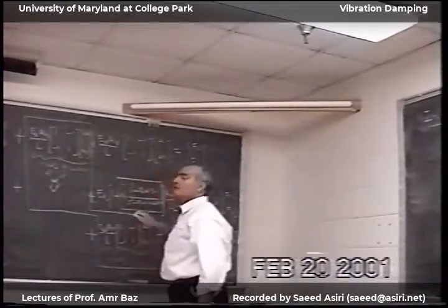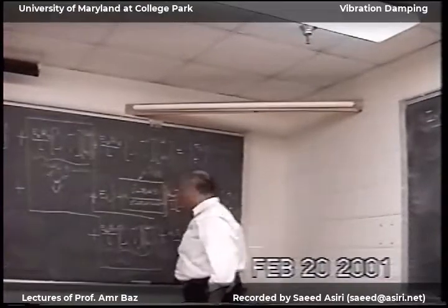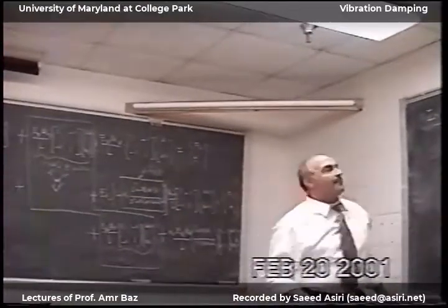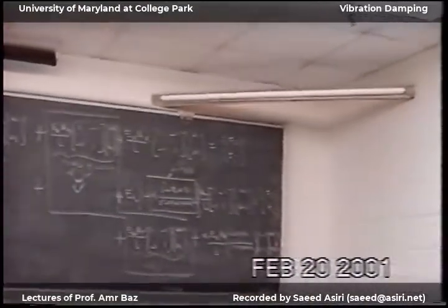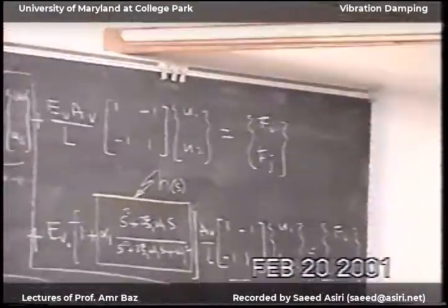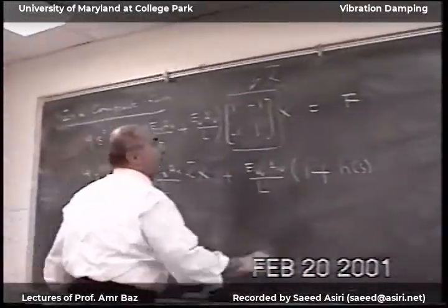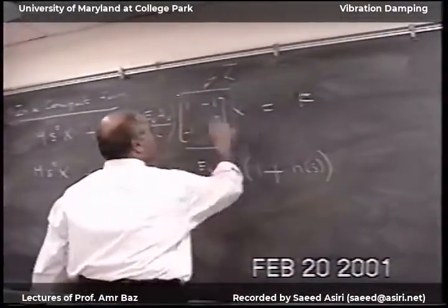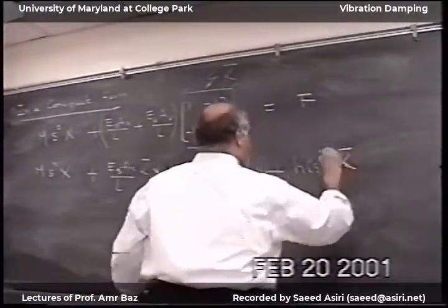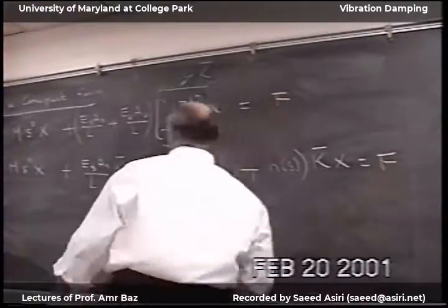And this term, I'm going to just call it a general name, some function h of s. And then the K bar, and then the x, and this is equal to f.